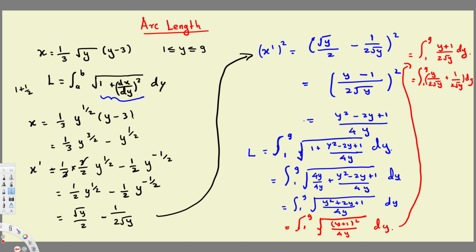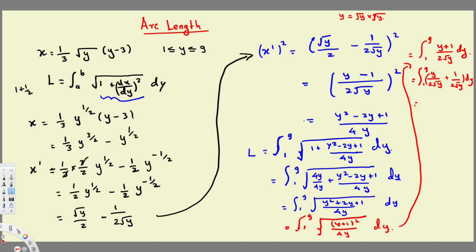So here, y is same as root y times root y. So instead of writing y over 2 root y, I can just write root y over 2, because if you split y into two parts, root y times root y, one of the root y cancels.